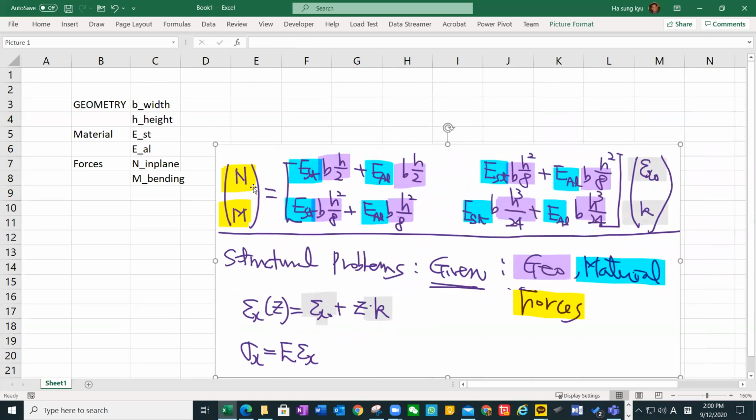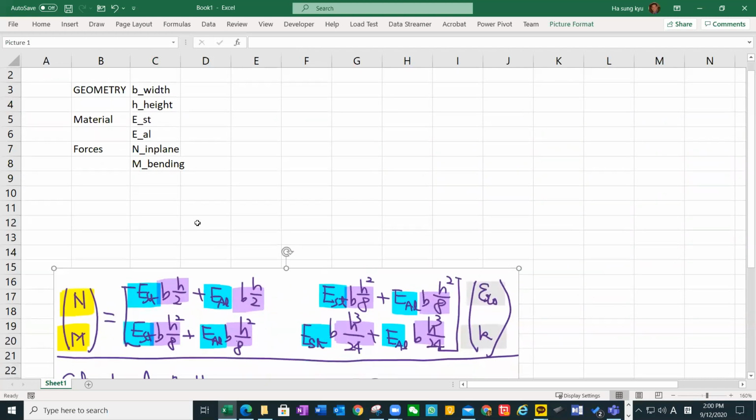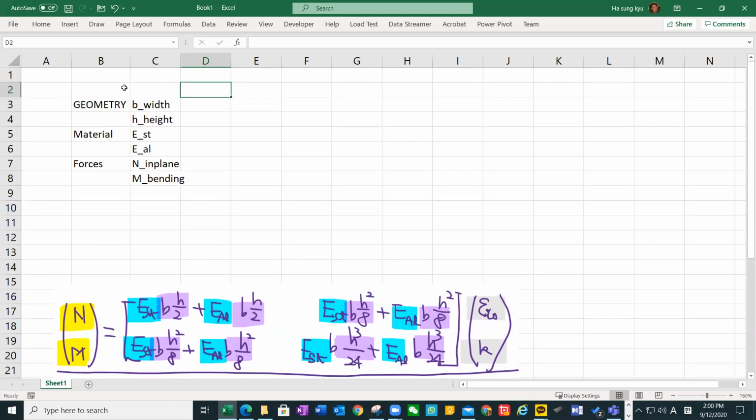Okay, so let's type in these equations. And how about the values? Well, B width, in dimension wise, let's always be consistent with length as meter and force as Newton.